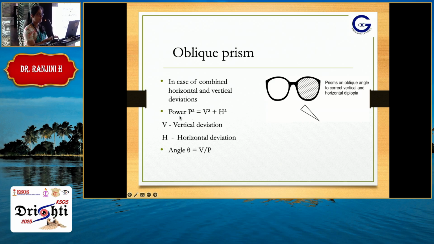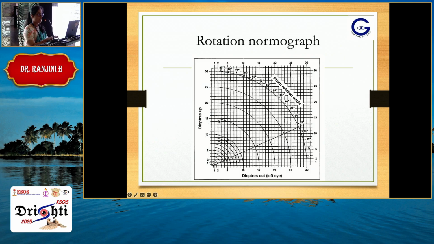So this is the Pythagoras theorem, and the power is calculated as P, and the angle theta is V by P. Generally, we follow this rotation nomogram, and for the power of excess of the prism, we have to see subjective and objective. We rotate the prism and ask the patient to tell us when he is able to accept the power and when he is able to see single. So it is more of a subjective assessment than an objective assessment.